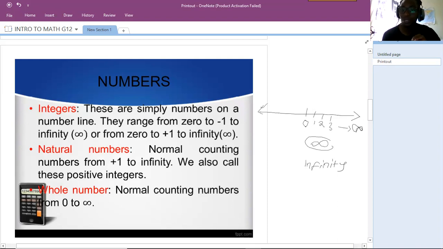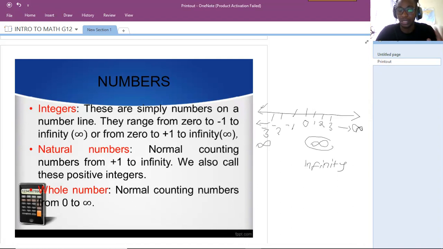They can go from 0, +1, +2, +3 until infinity, or they can go from 0, -1, -2, -3 until infinity. So integers are positive integers and also negative integers. Have you understood the definition of integers? You've understood, right?